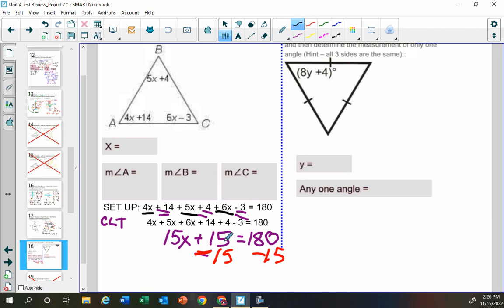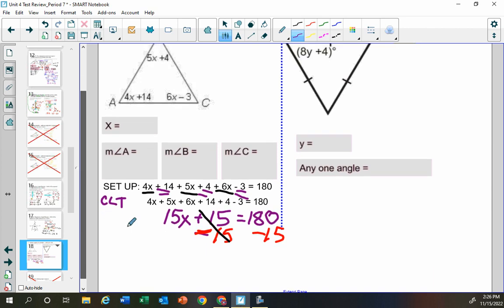So then you get 15x equals, what's 180 minus 15? 165. Good.